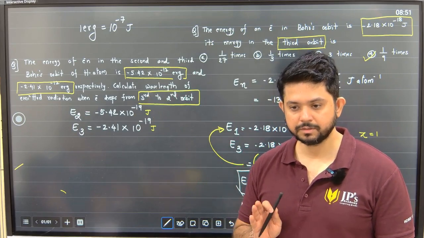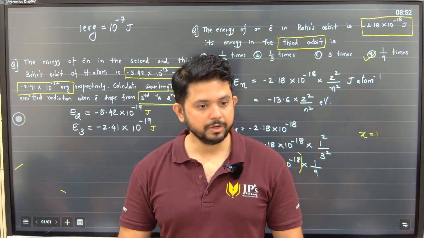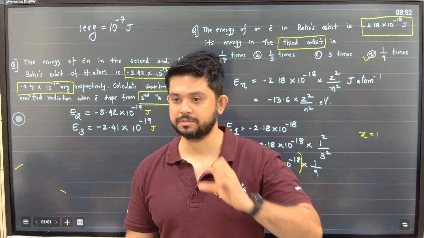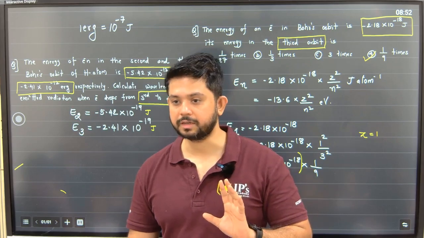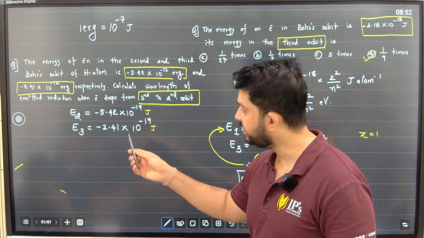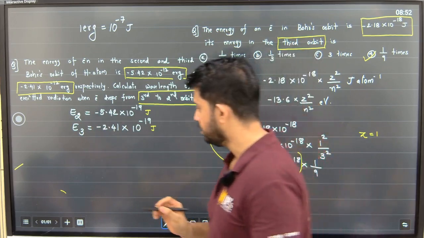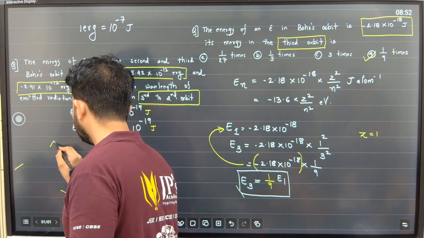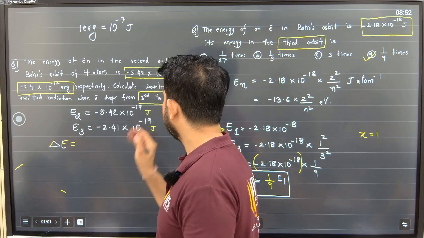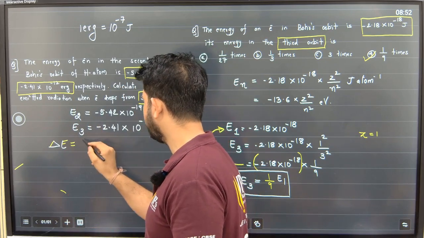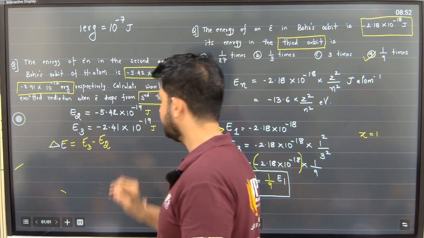With me till here? What you need to first understand, people, over here is we need to first find the energy difference, which we did calculate जब हम Bohr's postulate भी कर रहे थे. अब energy difference यहाँ पे find करने के लिए they've directly given us the energy values. So I need to first find the difference in the energy levels dropping from the third to the second orbit. So that will be E3 minus E2.